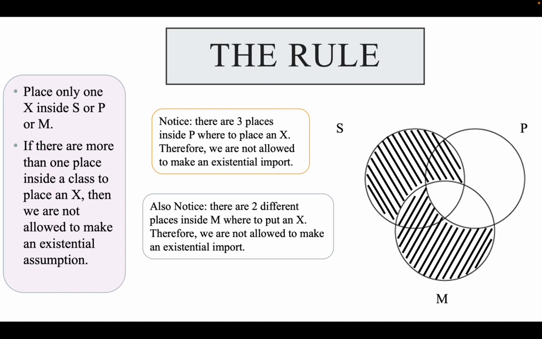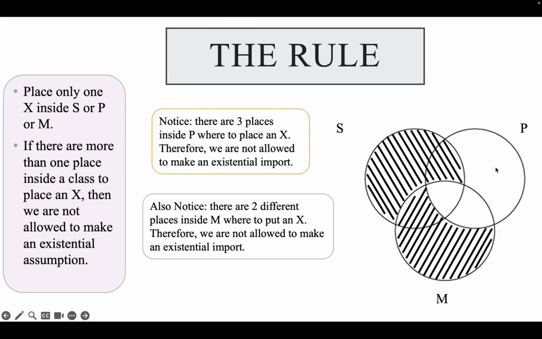But you're allowed to put only one X, and the rule says if there is more than one place inside a specific class where you can put the X, then you're not allowed to do it. You are allowed to place an X and leave it there if and only if there's only one place to place it.